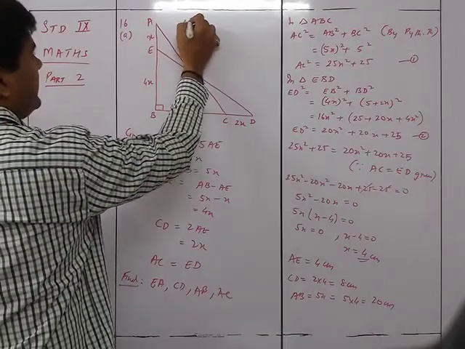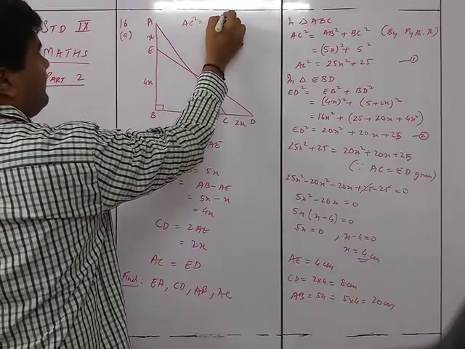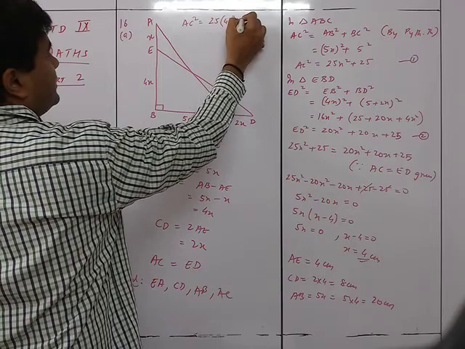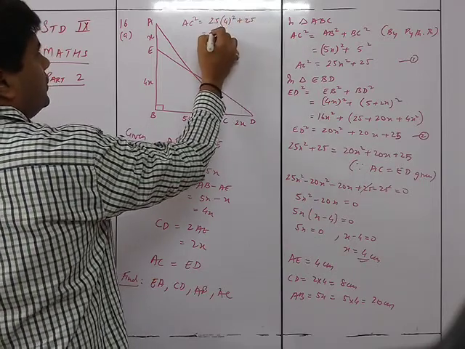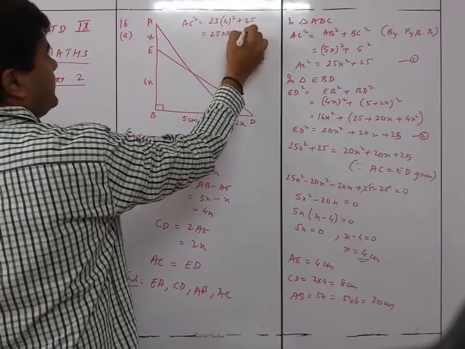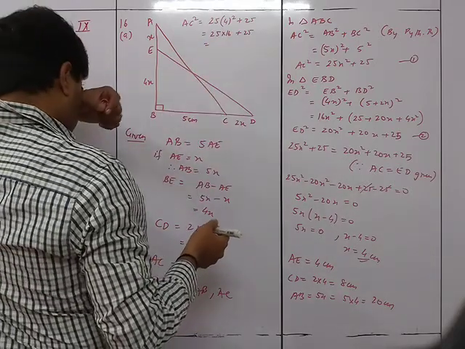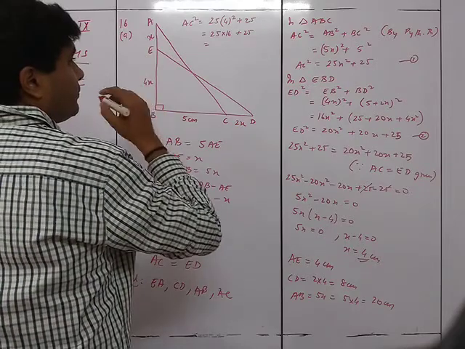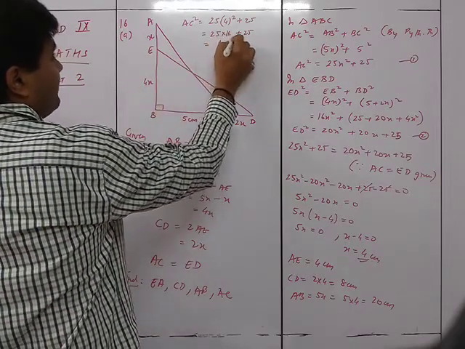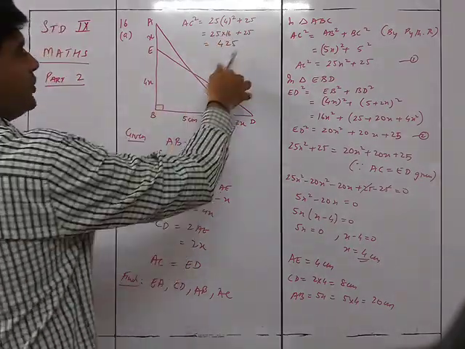AC square is equal to 25 into 16 plus 25, which is 400 plus 25, so the total is 425.